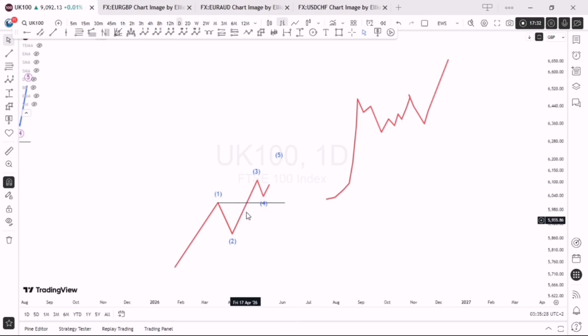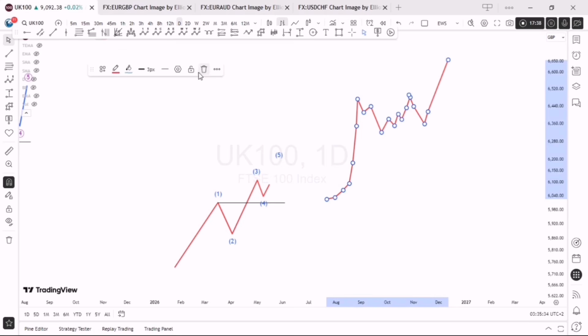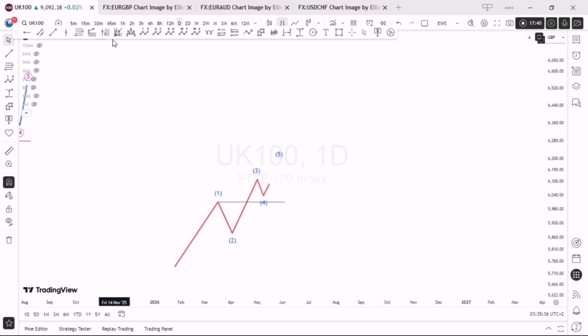because when wave 3 is shorter than wave 1, well, it rarely happens, but it does. Let me show you an example. It normally means there's an extension of wave 1, of which wave 1 is commonly extended in, let's say you have 1, 2. So you'll see something like this.